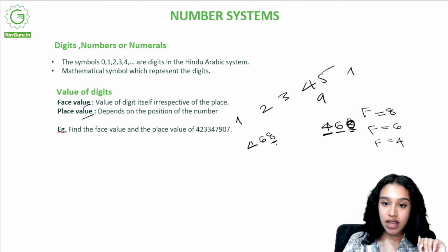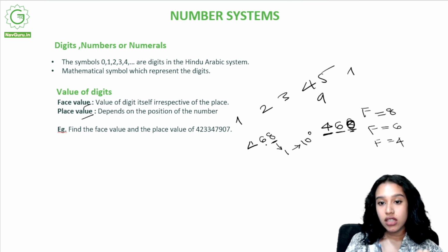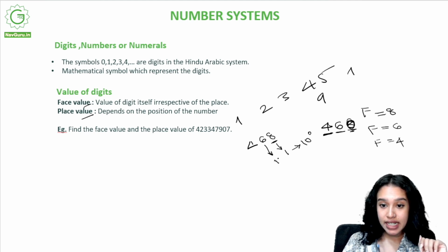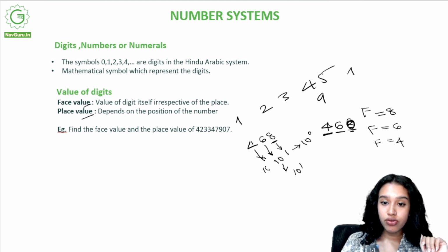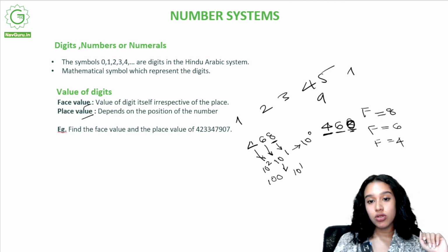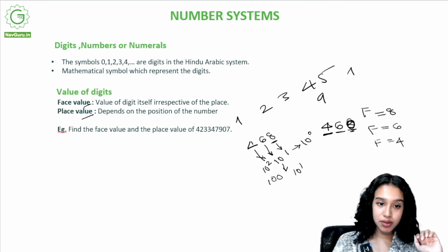So 8 has a place value of 1, which is represented as 10 raised to 0. 6 has a place value of 10, which is represented as 10 raised to 1. And 4 has a place value of 10 raised to 2, which is 100. This is how we determine the place value of a number.